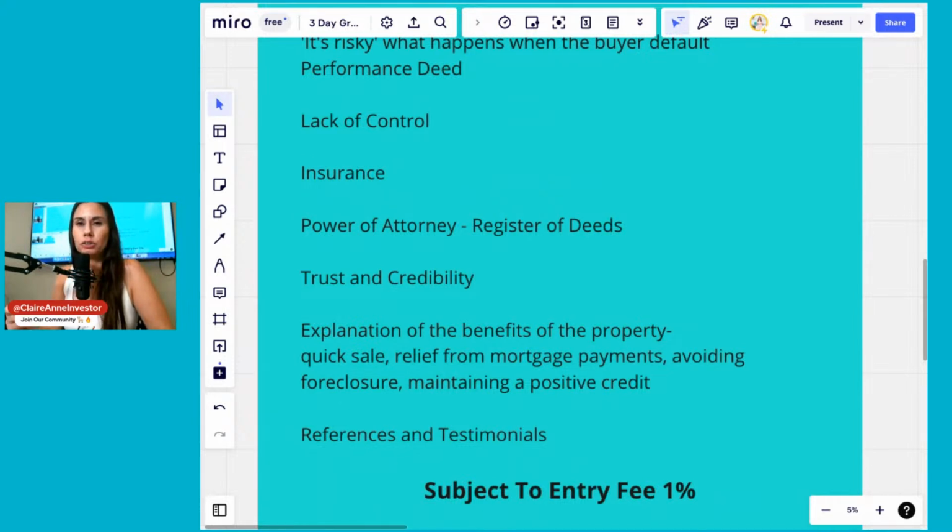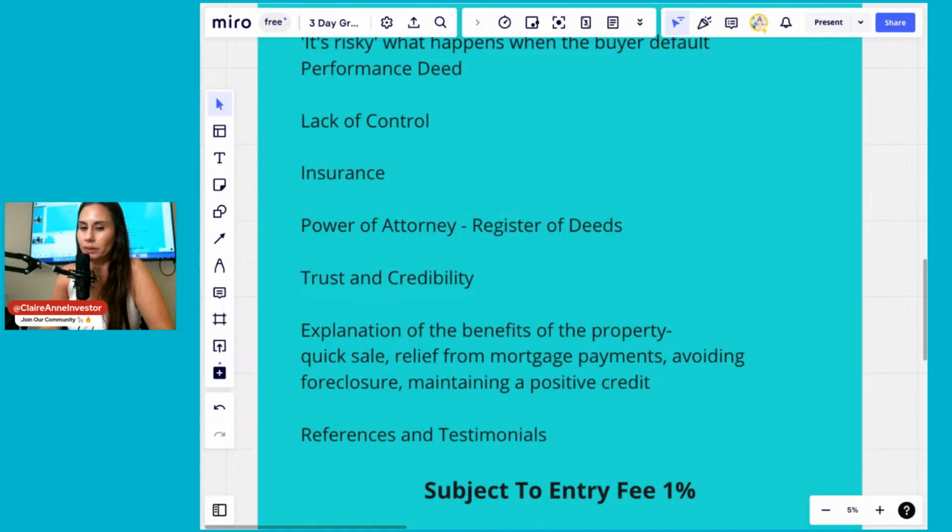You need to interview them, asking, have you ever done a subject to transaction? Can you explain to me what exactly a subject to transaction is? Because if they don't know what it is and they call the mortgage company, that's going to be an issue, something you really don't want to go through if you can help it.